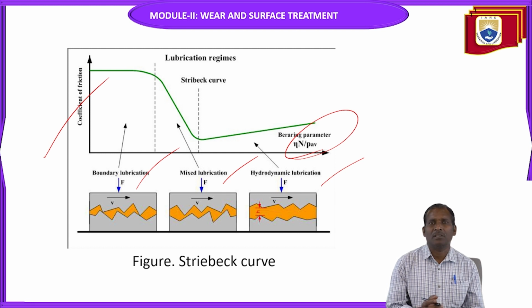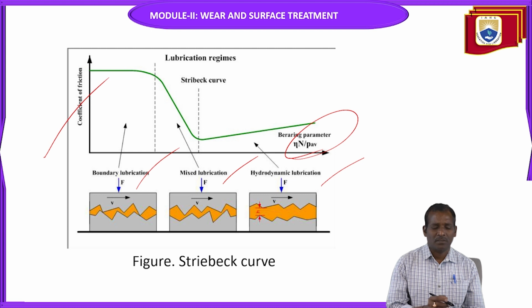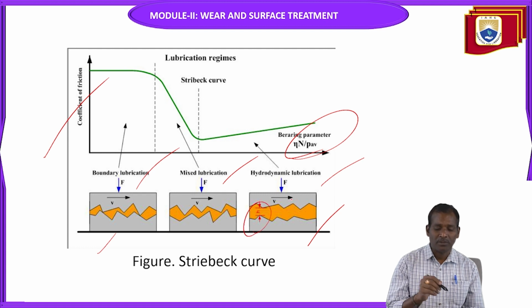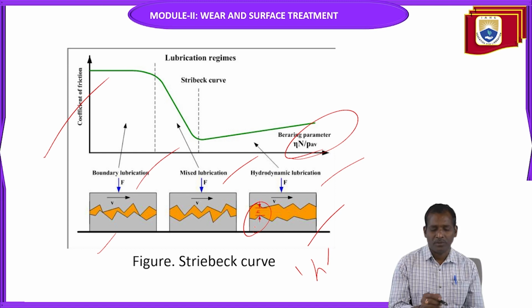In boundary lubrication, there is metal to metal contact, with a very thin layer of lubricant present. In mixed lubrication, there is some separation between the two surfaces. In hydrodynamic lubrication, the surfaces are fully separated with maximum film thickness, which you can represent with h.